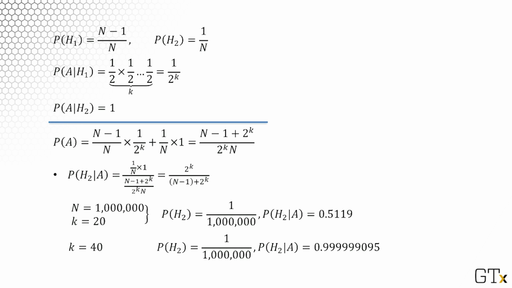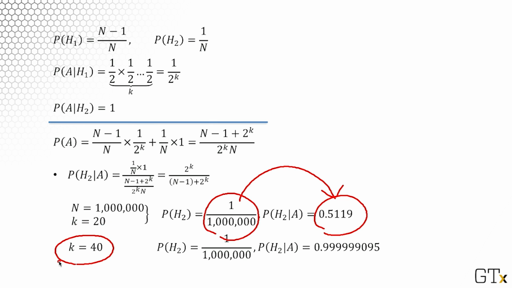Now, let's take a look with some specific numbers. Let's suppose that you have 1 million coins, a huge number of coins in the box. All of them are fair but one. One is two-headed. If you flip the coin and it came 20 times in a row heads up, then the posterior probability of hypothesis H2 increased from 1 over million to more than 50%. But imagine that instead of 20, you flip the coin 40 times, and in all of these 40 times, you got heads up.